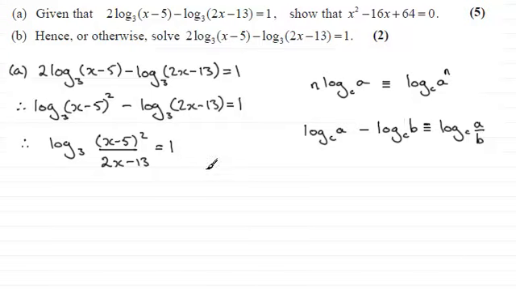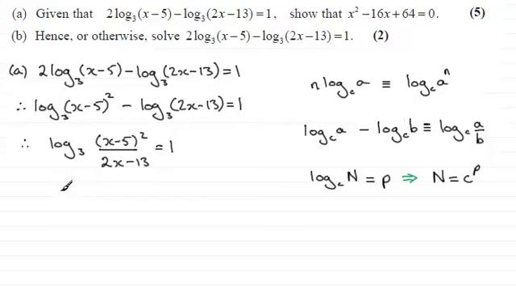Now that we've got it in this form, we can anti-log. For something like this, I'm saying that the log of a number n in base c equals p means that it follows that that number n is equal to the base, c in this case, raised to the power p. So when I compare this result to this one here, I can see that n is this value.